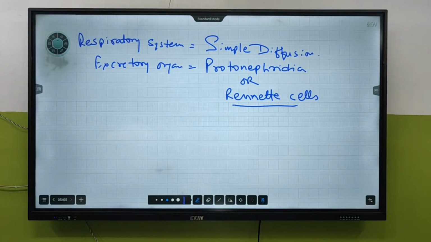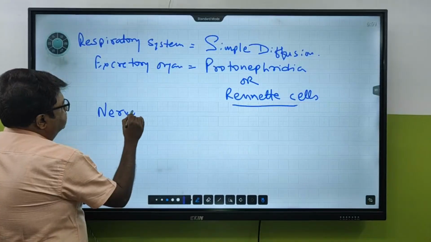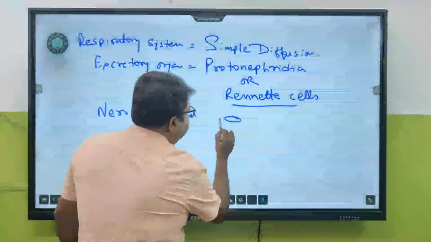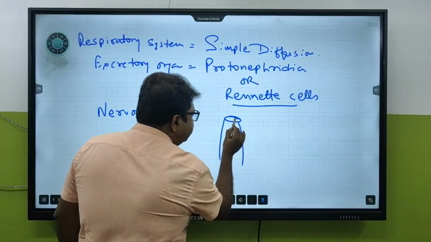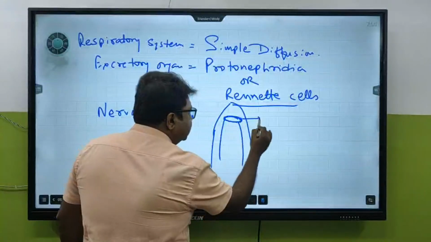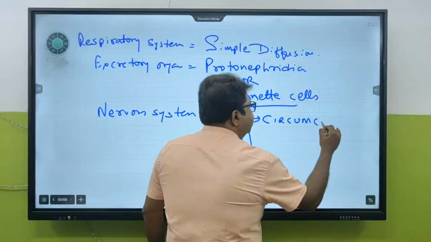Clear? Think about their nervous system. What about the nervous system? In the nervous system, there are circumoral rings present at the tip of their mouth.